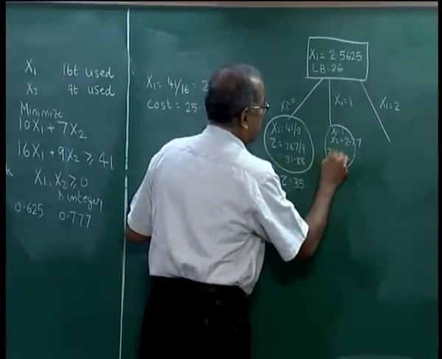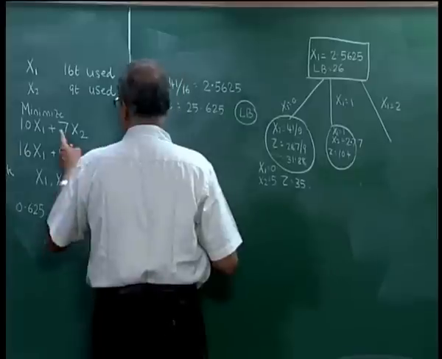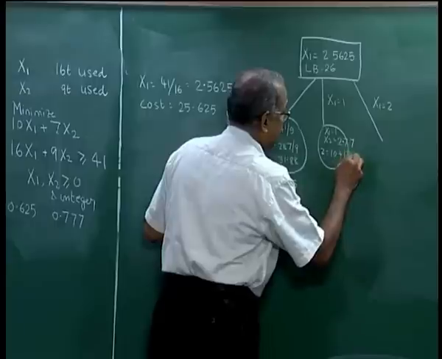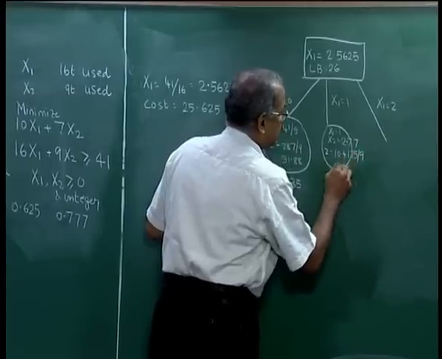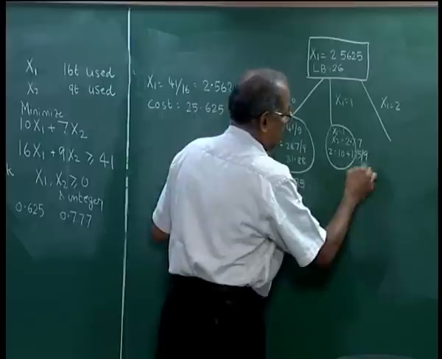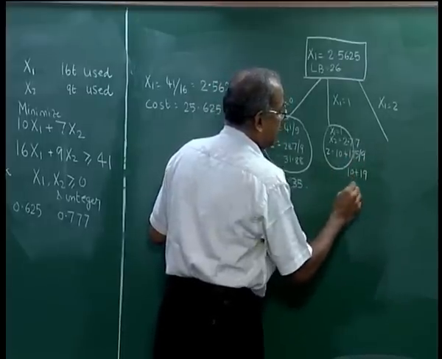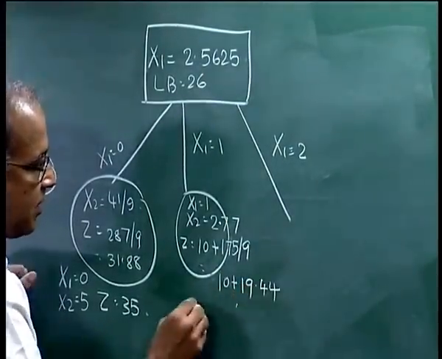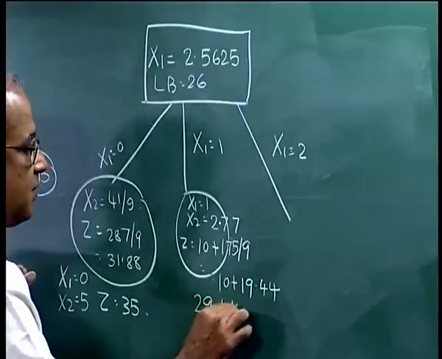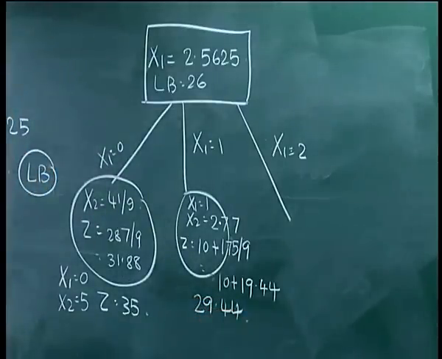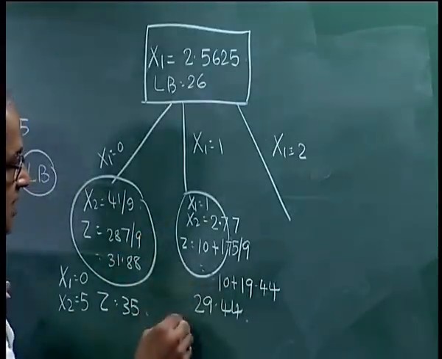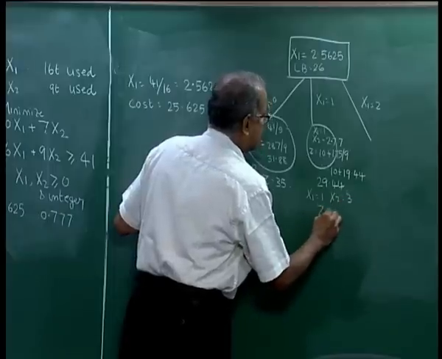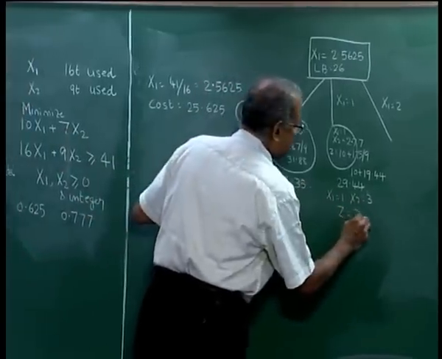Now the z value will be 10 plus 25 into 7 by 9, 175 by 9, which is 19.44, so 29.44 is the lower bound, and the corresponding feasible solution is x1 equal to 1, x2 equal to 3 with z equal to 21 plus 10, 31.